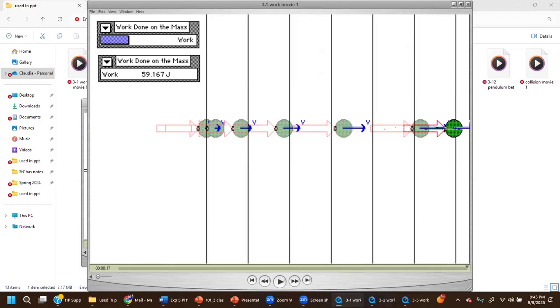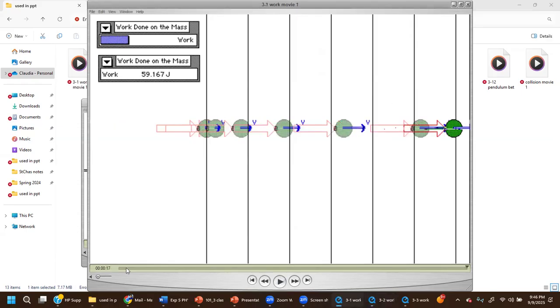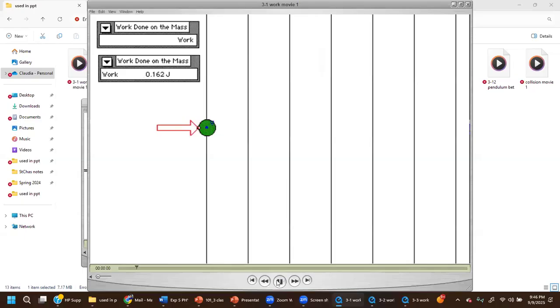In our next video, in this case, now we have twice as much force on it. And if you notice, our work is actually increasing. So let's say we stop at the second line.